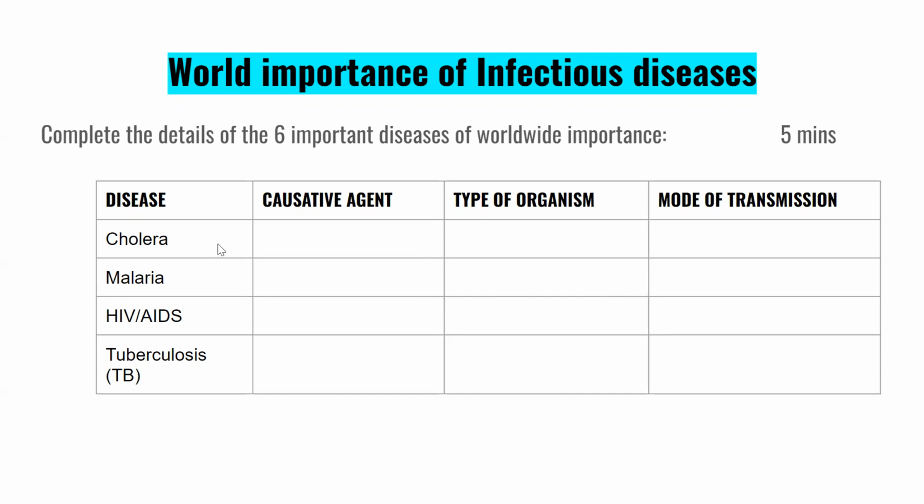So we will go through cholera, malaria, HIV, and tuberculosis. I'll wait for a minute for you to draw this table in your notebook. Please give me a thumbs up once this table is ready. And it's better if you use at least half a page and have some space to write inside these rows.